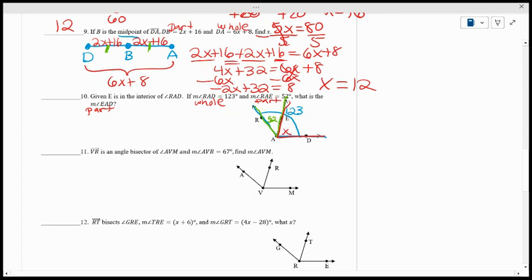So I can put an X there because that's what I'm trying to find. And now I have an equation. Part, so X plus part 52 equals the whole. Super easy equation to solve. Subtract 52 from both sides. X equals 71.